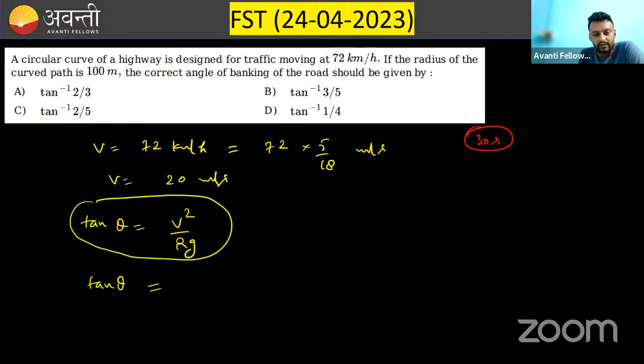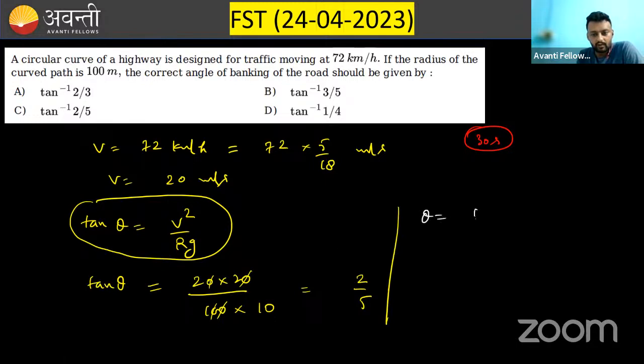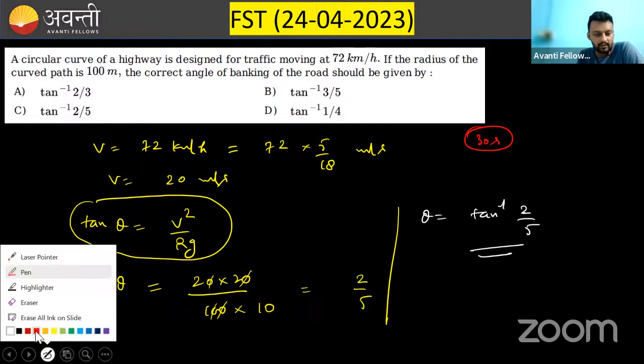Tan theta is equal to v square, means 20 into 20, divided by r, which is 100, into g, which is 10. Cancelling zeros, that is 2 by 5. So theta is equal to tan inverse 2 by 5, which is option number C.